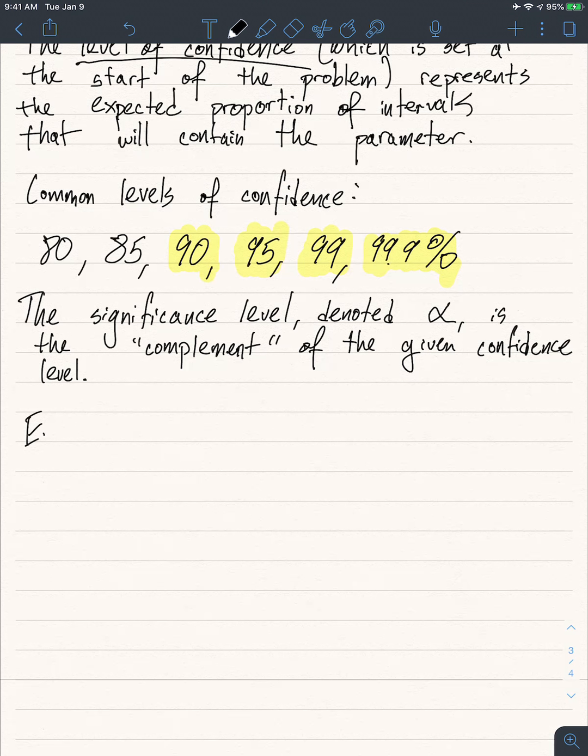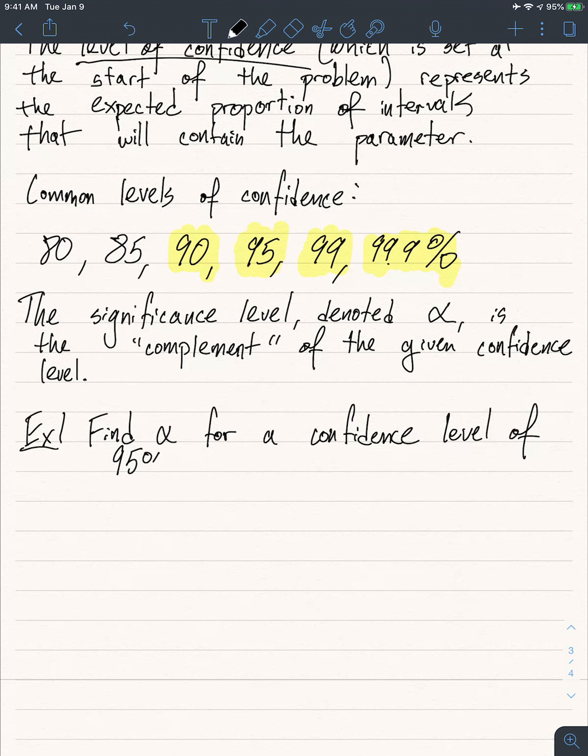For example, find the significance level alpha for a confidence level of 95%. Well, I say complement because I want you to think P's and Q's.